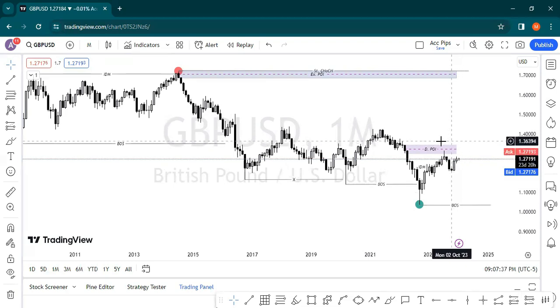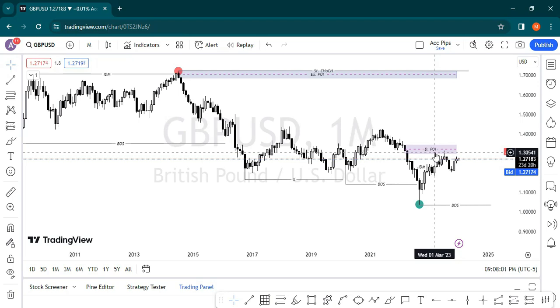We could see a break above the decisional OB, which means that we'll be targeting the extreme OB. Remember, in True SMC, we learned that we always deal with two types of zones. That is the decisional OB and then the extreme POI. So if the decisional POI fails, then that means we should be targeting the extreme POI.